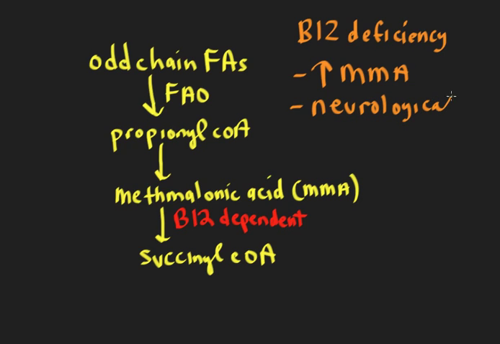changes, neurological damage to selectively vulnerable places in the nervous system. And like I said, the peripheral nerves are selectively vulnerable, so you can get polyneuropathies. Usually they're sensory.